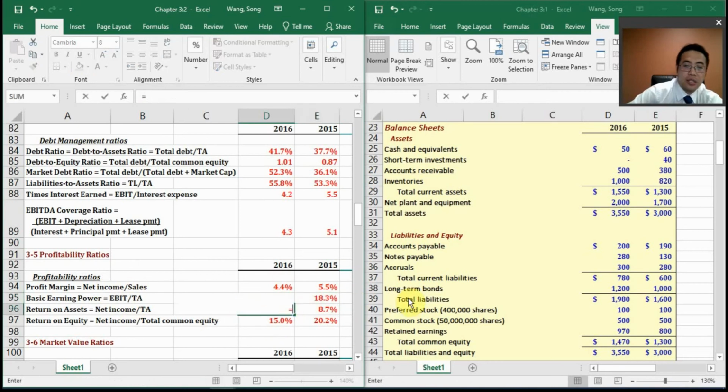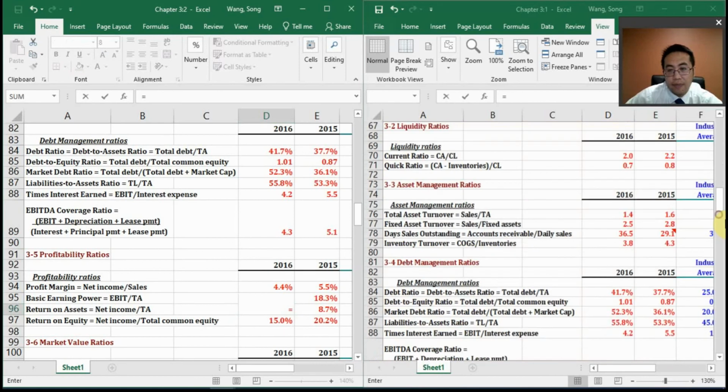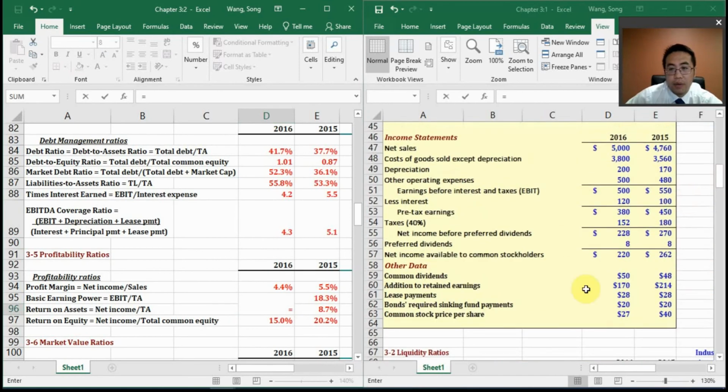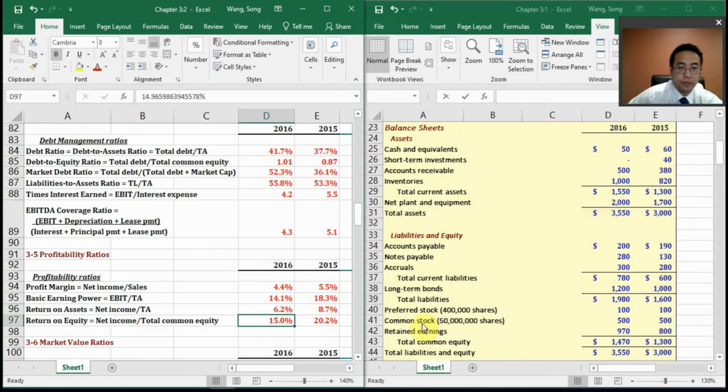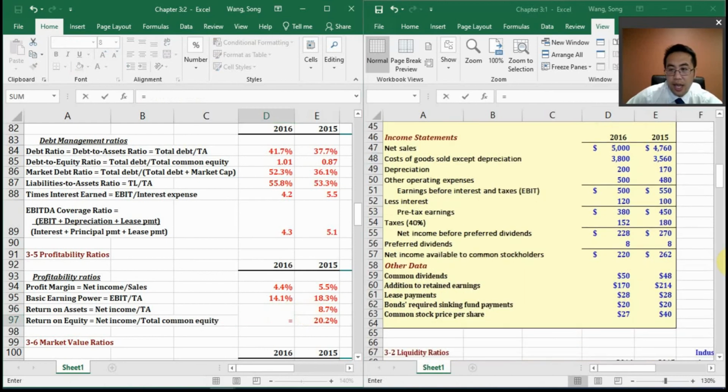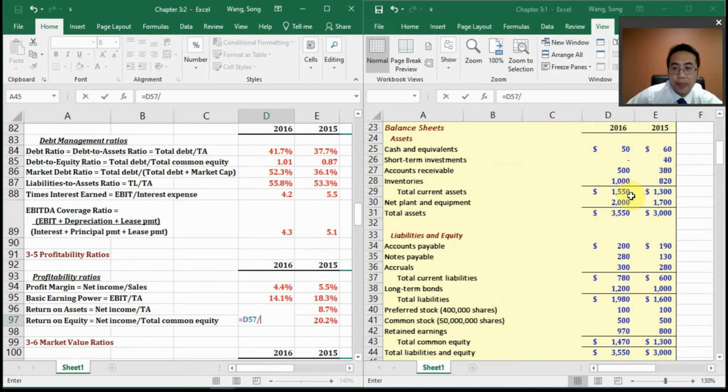And for return on assets, once again, I'm going to use the net income at the bottom of my income statement divided by the total assets. Here's my percentage. And for return on common equity, I will use net income again divided by the total common equity.